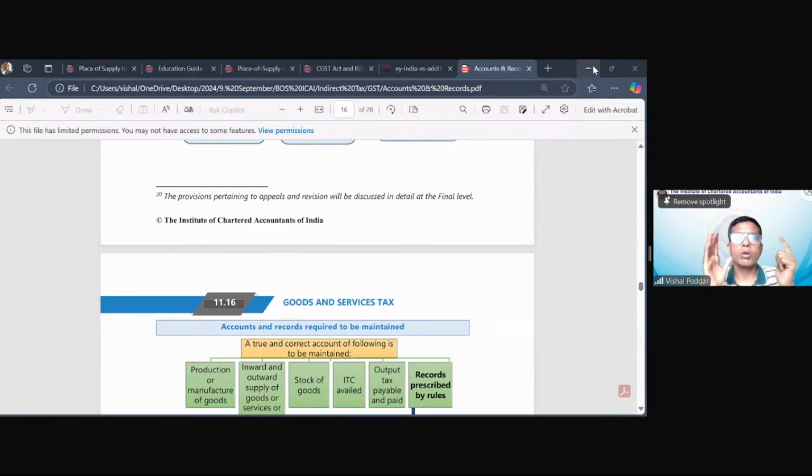SKD is semi-knockdown, CKD is complete knockdown. Semi-knockdown means where you are making only broad pieces. And when you are making very small pieces, like completely dismantling it, like how it happens in case of a bicycle, when it comes to the bicycle shop, it comes with all parts separated. That is what is called CKD, complete knockdown condition.